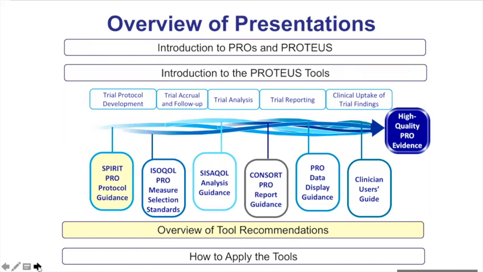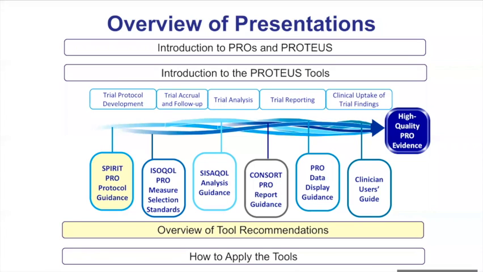This slide shows an overview of all of the presentations that are available at the Proteus website. These include 2 introductory presentations and then a series of presentations on these 6 tools, each one of which covers a certain part of the life cycle of a clinical trial's development, conduct, and finally reporting and dissemination.